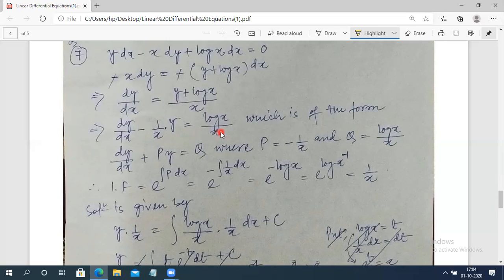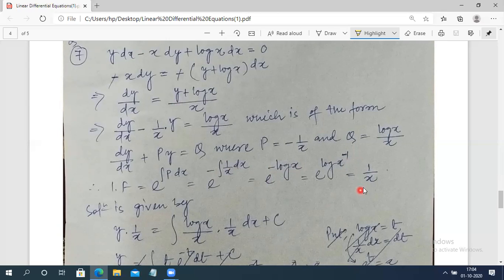What will be the integrating factor? It will be e raised to the power integral of p dx. So e raised to the power of minus 1 by x dx, and this is e raised to the power minus log x. If you take this in power, it will be e raised to log x inverse, that is x inverse only, that is 1 upon x.